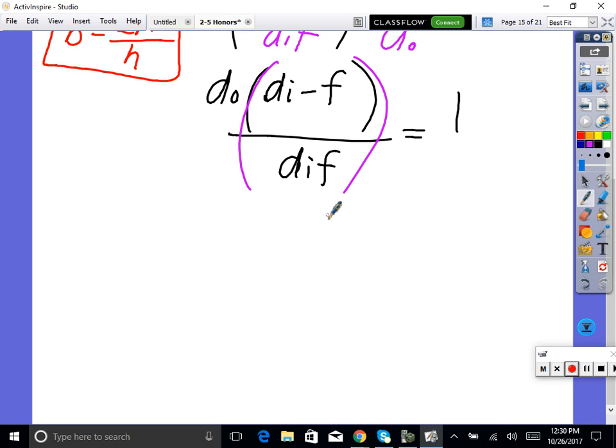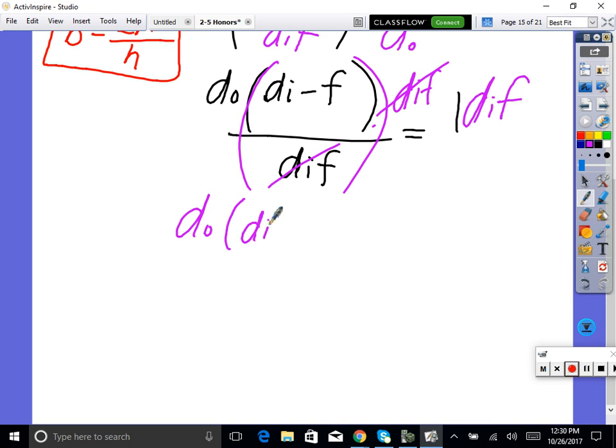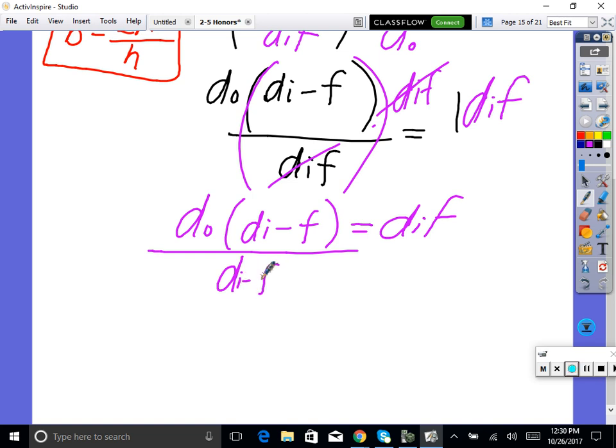Anyone? Multiply by DIF. So then look, DIF cancels out. So we have D naught times DI minus F equals DIF. What would be my last step to get D naught alone? You're right.